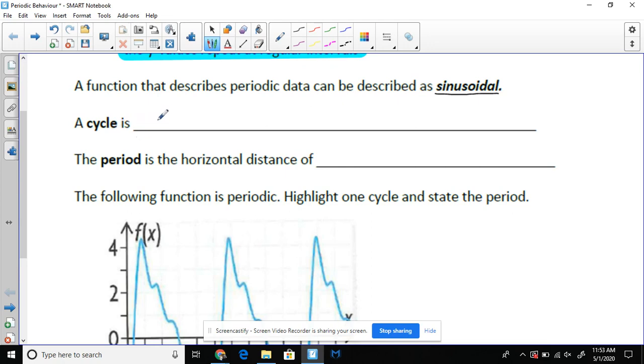So a cycle is just one pattern, okay? And the period is the horizontal distance of one pattern or a cycle, okay? So in terms of the new terminology, we'll be using the term period for the length of a pattern, okay?